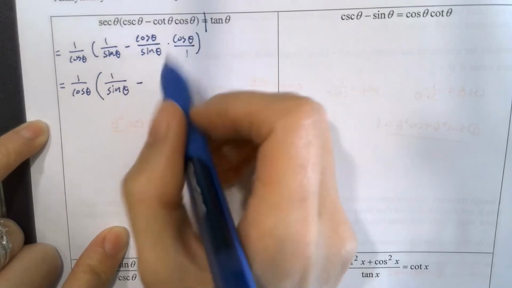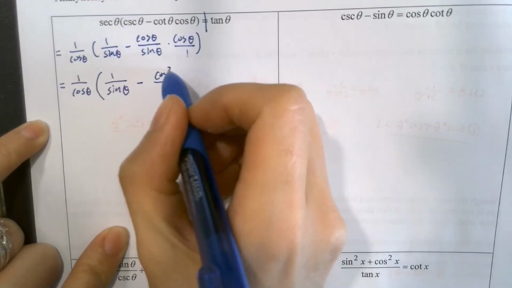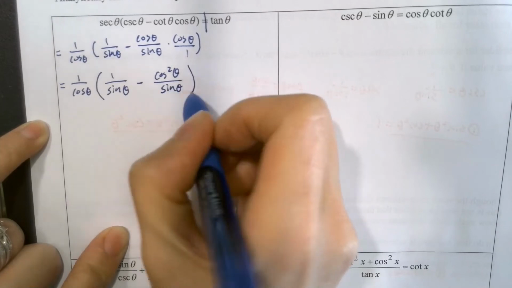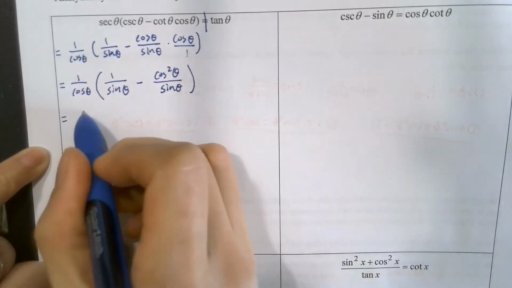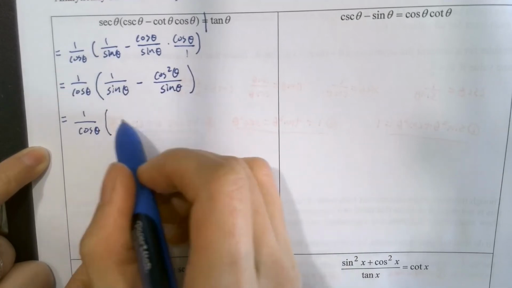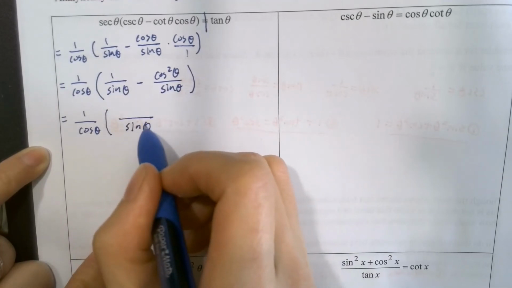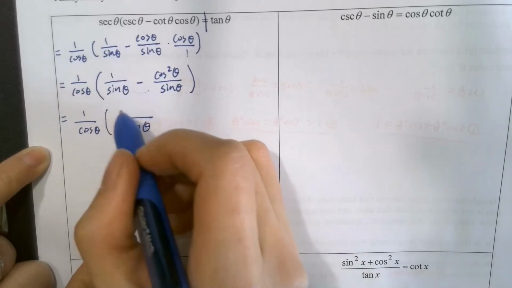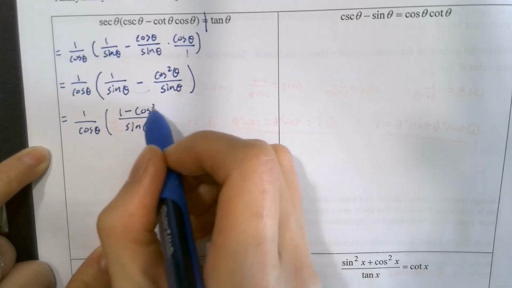Cosine theta times cosine theta is cosine squared theta, over sine theta times 1 is sine theta. Notice inside of the parentheses, both of your fractions have the same denominator, sine theta, so I can combine them because you're subtracting. So my numerator becomes 1 minus cosine squared theta.